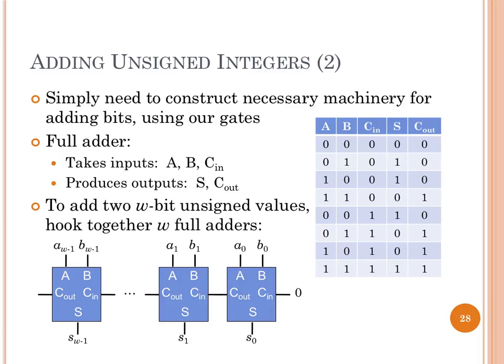Once we have this box that adds, we can just stamp that thing out, and we can add large numbers of bits together very easily. So notice we have something that does the 1's place, and then something that does the 2's place, and the 4's place, and the 8's place, and the 16's place. We do our carry out. This thing is called a ripple adder.